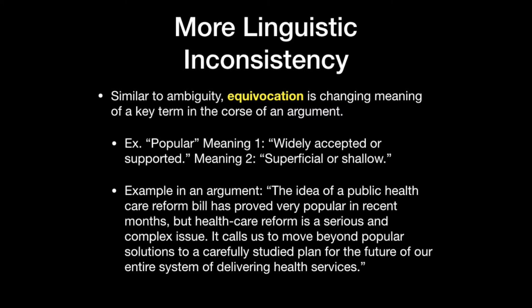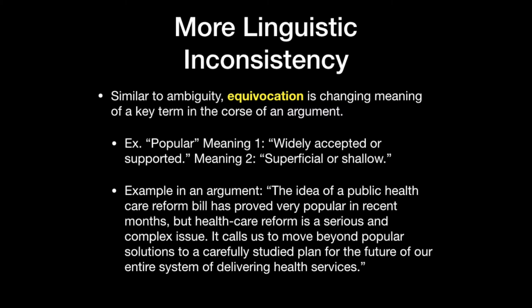Meaning one of popular is widely accepted or supported, whereas meaning two is superficial or shallow. So here's an example of how this could be used in an argument.